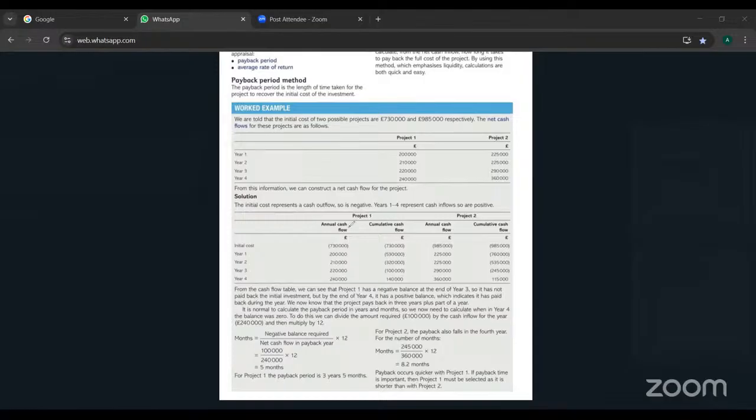So they have an annual cash flow for year 1, 2, 3, and 4. They will give you all only the annual cash flow. We have to find the cumulative cash flow. So first we'll find this.